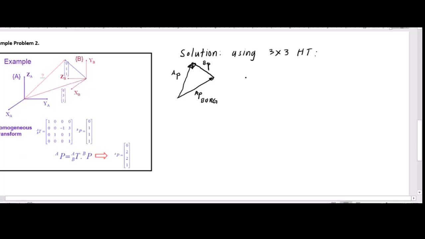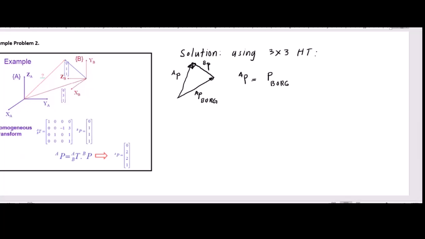The relationship or the equation for that will be P to A, the final position, which can be determined by adding the two vectors.